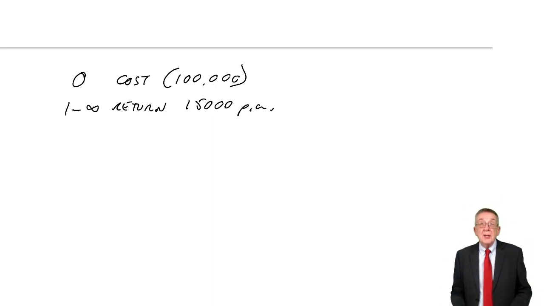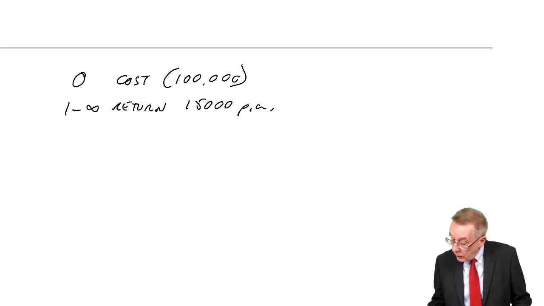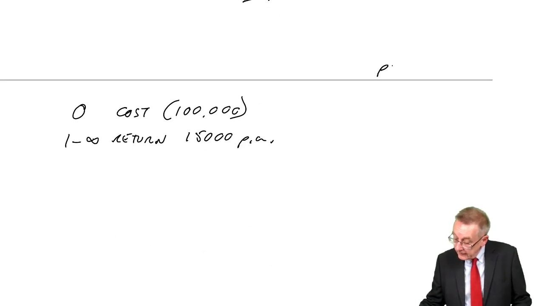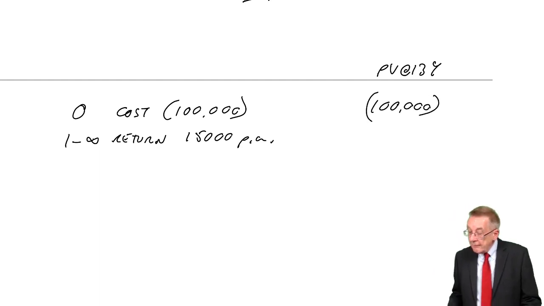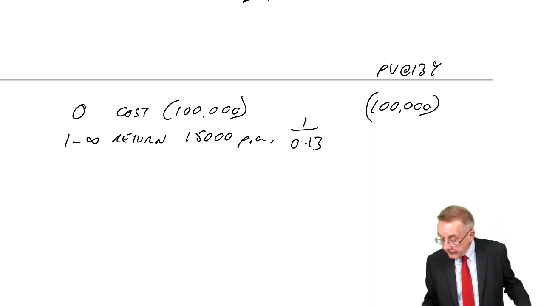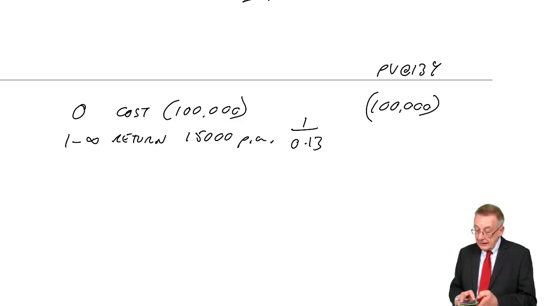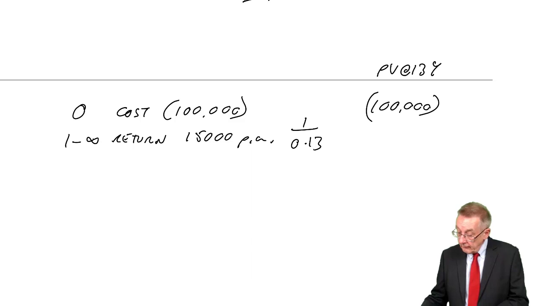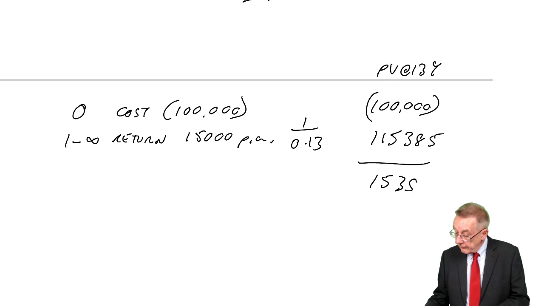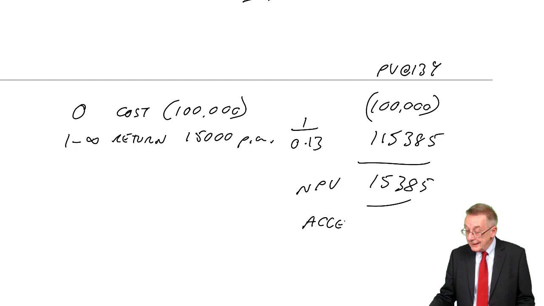And to determine whether it's giving a high enough return or not, we'll discount at the required return of 13%. 100 is 100. The discount factor for a perpetuity, you'll remember, is 1 over R. And so the present value of the returns is $115,385. The net present value, 15,385, we would accept.